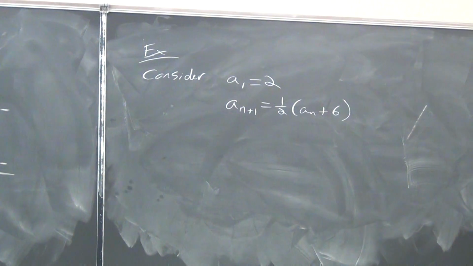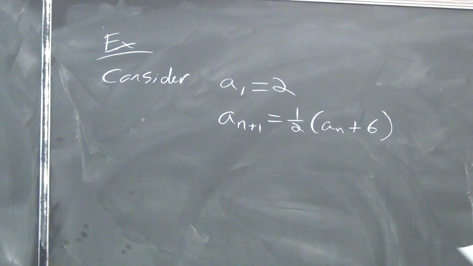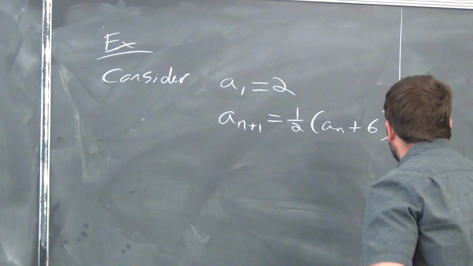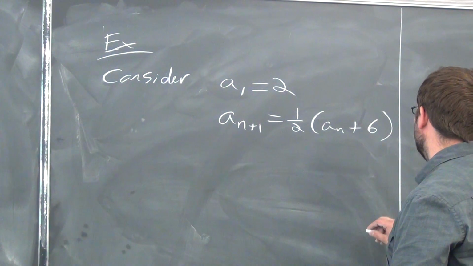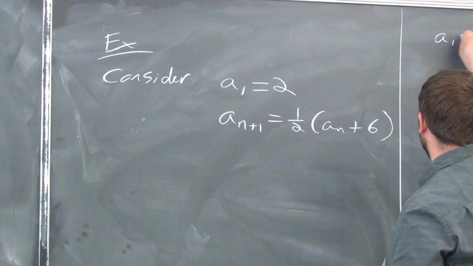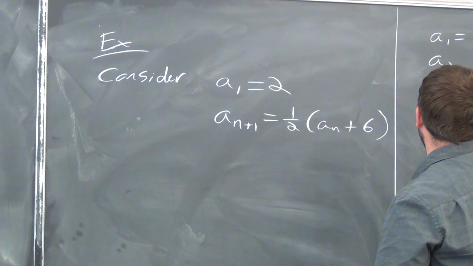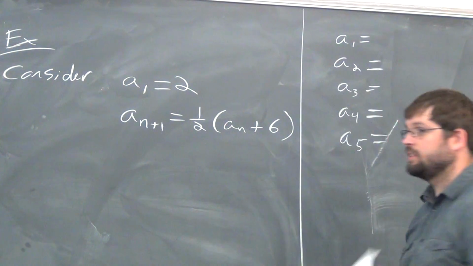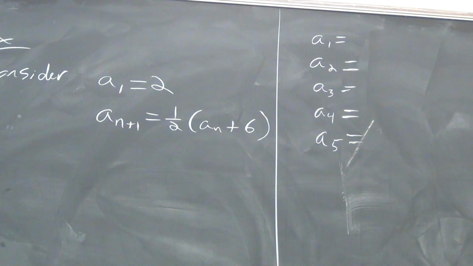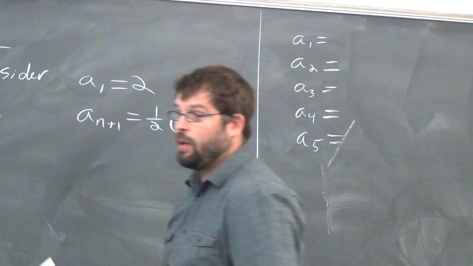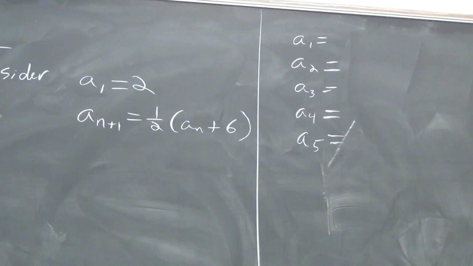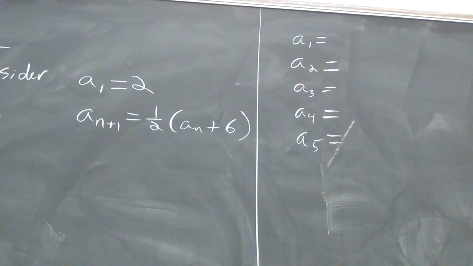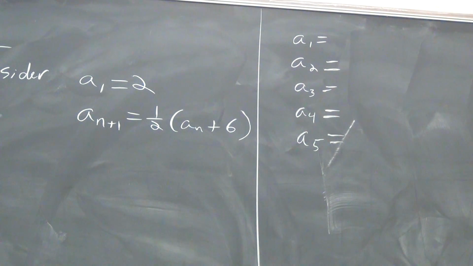So I want to show that this sequence is monotone and bounded. Before we even do that, list out the first couple terms of that just to get practice with a recursive sequence again. And then after you do that, you can think about maybe what this sequence might be bounded by. And we can decide if we think it's increasing or decreasing as well.